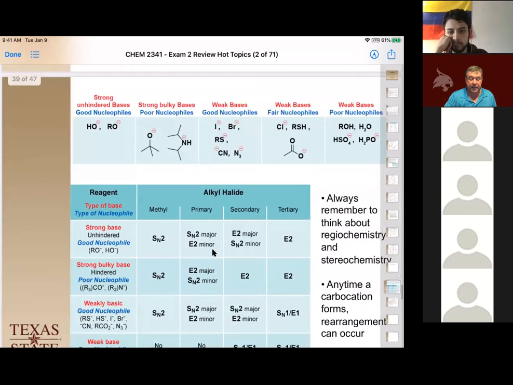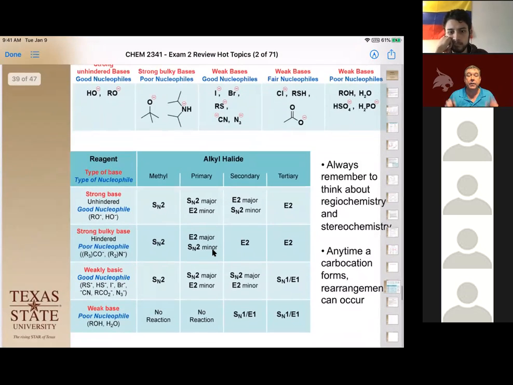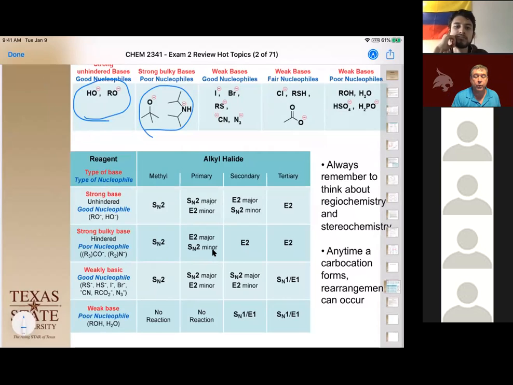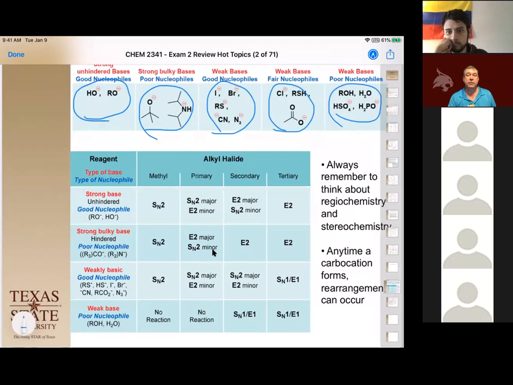Okay, and this table here that you got on the activity is kind of a summary of that. Be able to lump these into groups: good nucleophiles, small bases, poor nucleophiles, big bases, weak bases but good nucleophiles, weak bases and fair nucleophiles, and then poor bases and poor nucleophiles, okay?